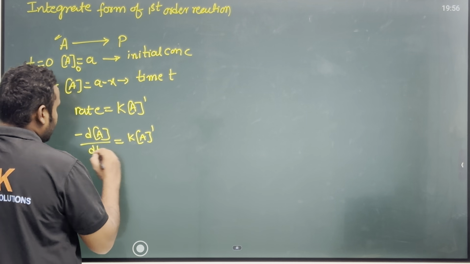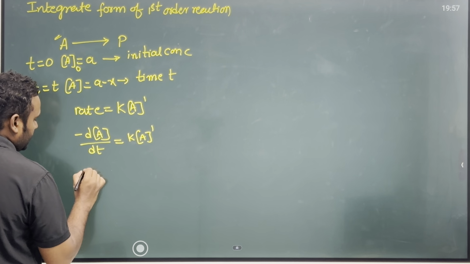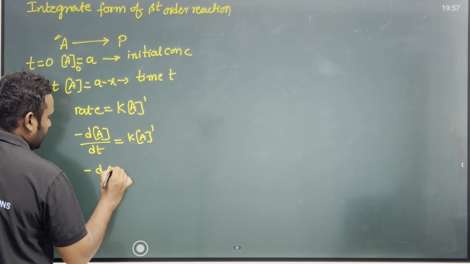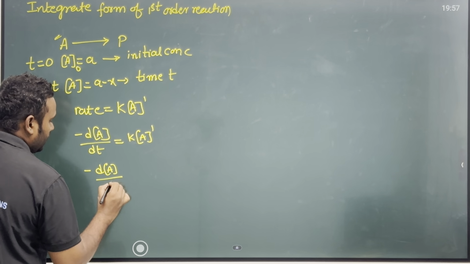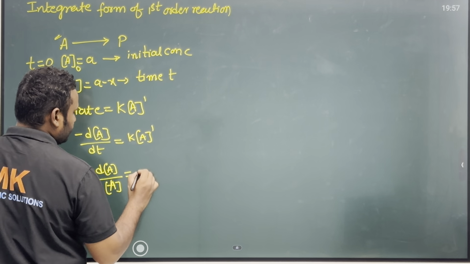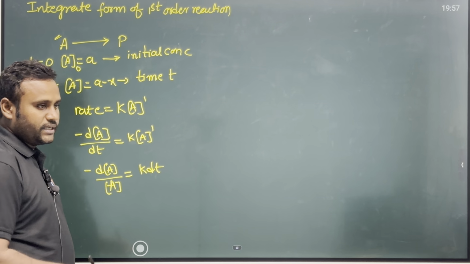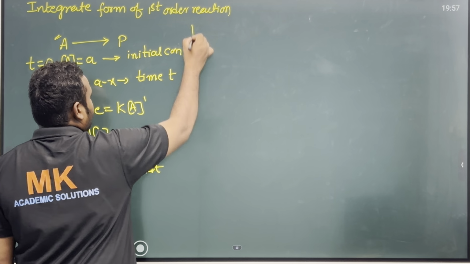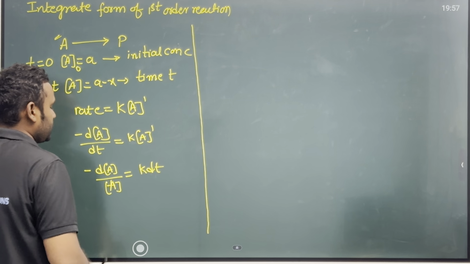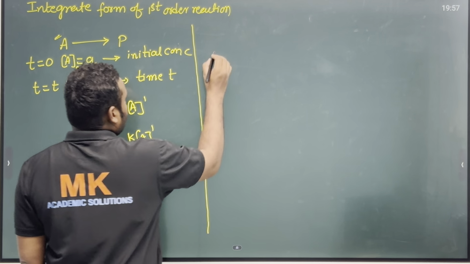Now let us rearrange this equation, sending A power 1 to this side and dt to that side. So dA by A is equal to K dt. Now let us integrate this equation with respect to concentration and time.